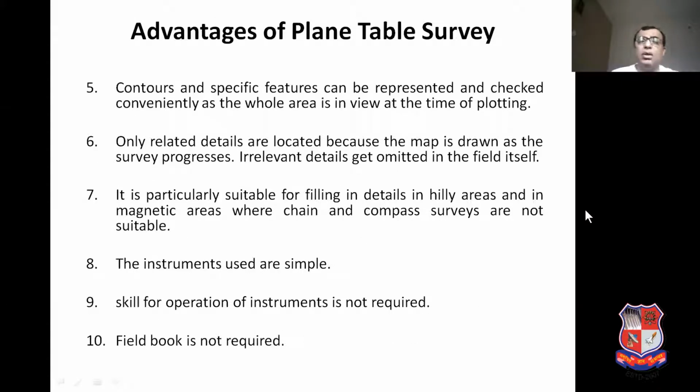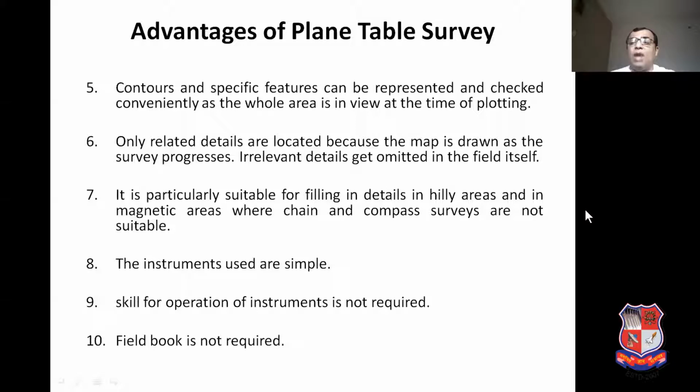Number 5, contours and specific features can be represented and checked conveniently as the whole area is in the view of the surveyor at the time of plotting. 6, only related details are located because the map is drawn as the survey progresses. So irrelevant details or objects can be omitted in the field itself.